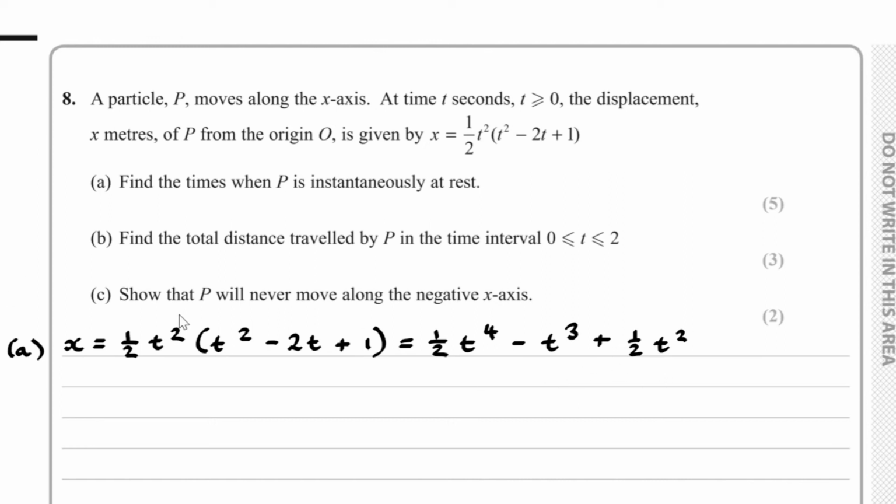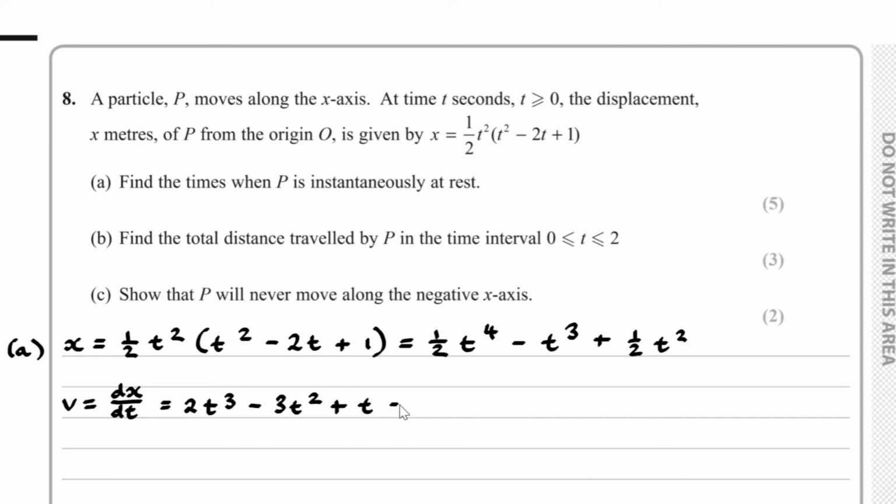And the reason I want to find out what x is like this is because I need to find out what v is, the velocity, and that's equal to the derivative of x with respect to time. So if I differentiate this, I end up with 2t cubed minus 3t squared plus t.